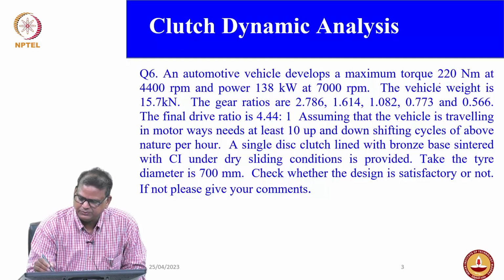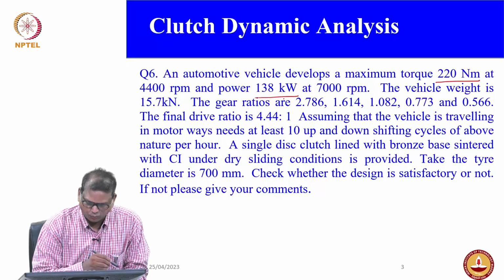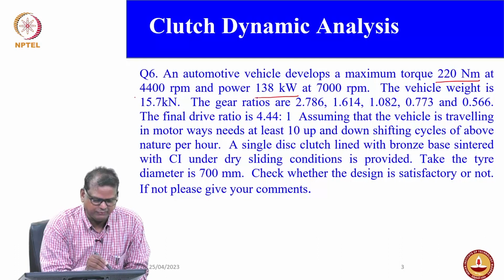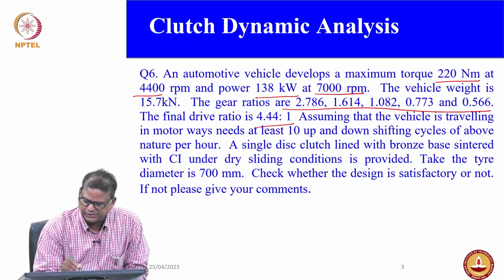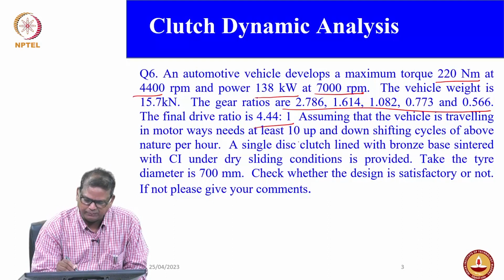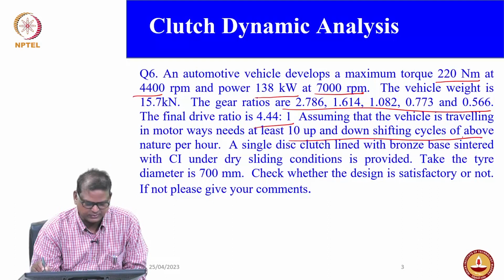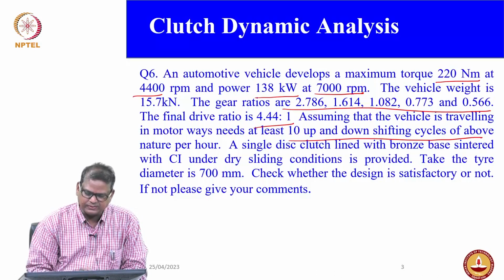The torque is given as 220 Newton meter and the power 138 kilowatt, and it operates between 4400 rpm and 7000 rpm. These are the gear ratios and final ratio. It is asking to find out, for 10 up and down shifting cycles of a clutch, and it is a single disc clutch.